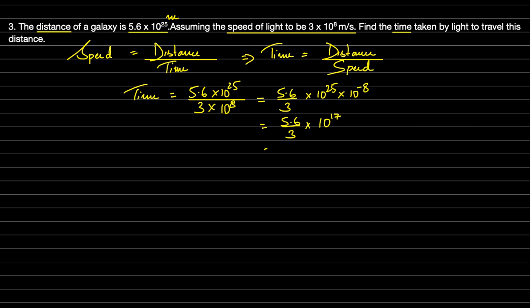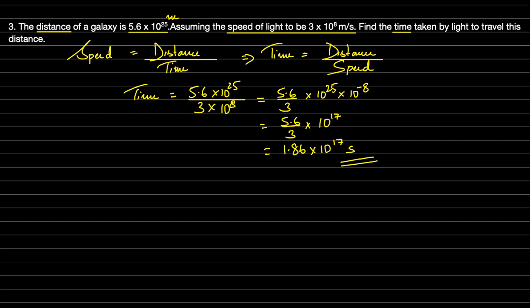So we get 1.86 into 10 to the power of 17, and the SI unit for time is seconds, so we will get it in seconds. So that would be our answer for this question, that is 1.86 into 10 to the power of 17 seconds.